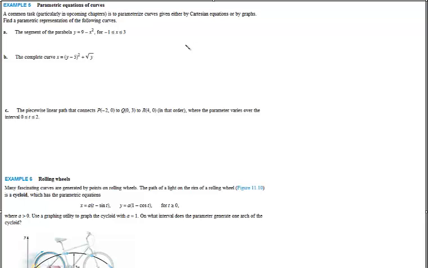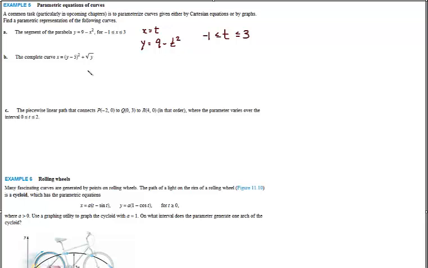The next thing they ask us to do is come up with our own parametric equations. We can do this in many different ways. Probably the simplest way for a is just to let x equal t, and then I would get y equal to 9 minus t squared, and if that's the case, that would mean that t would then vary between -1 and 3 since it equaled x.